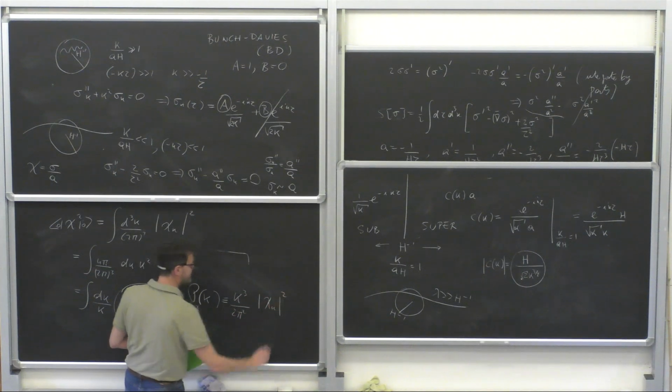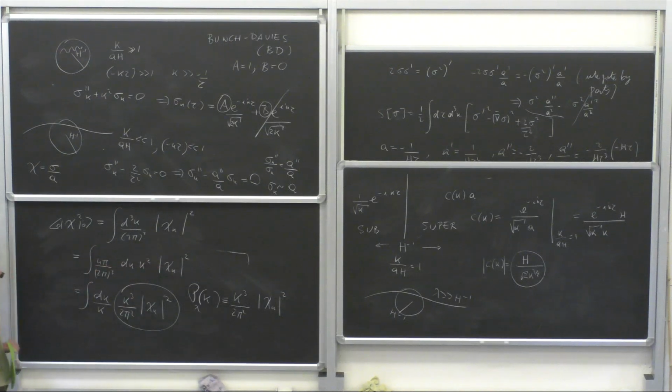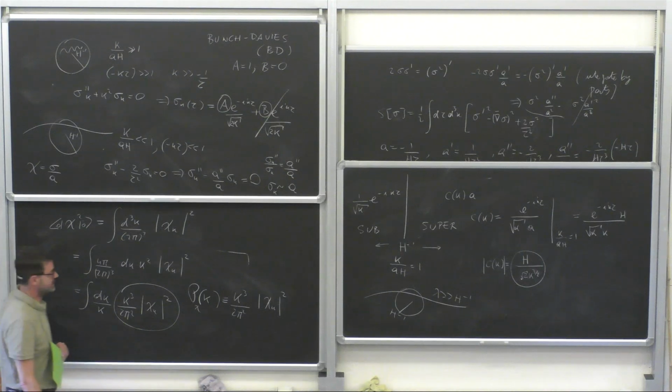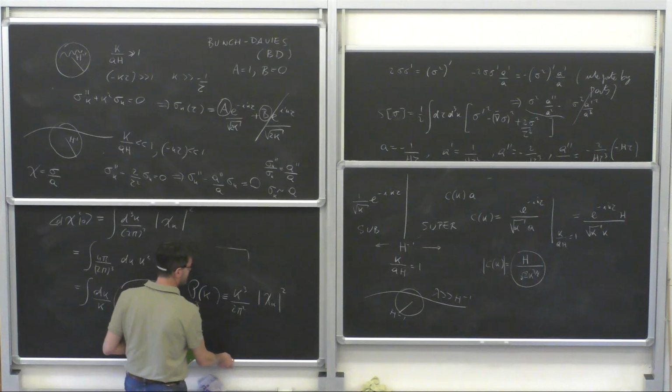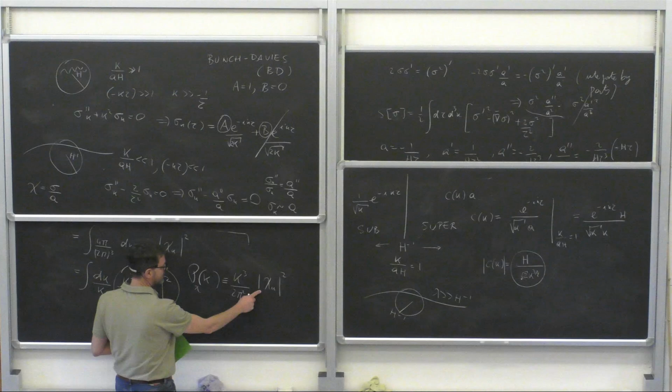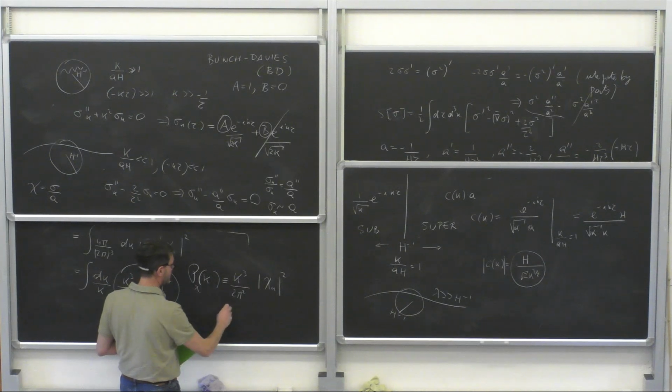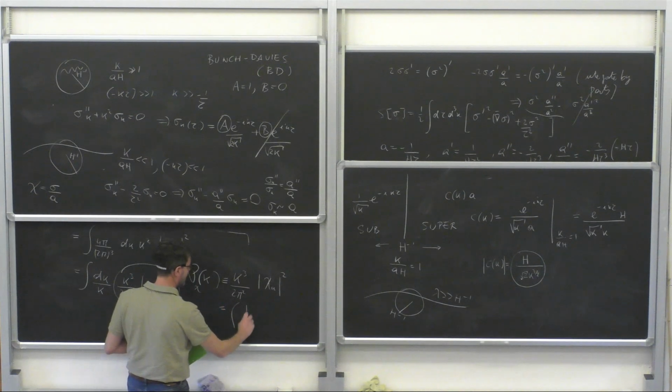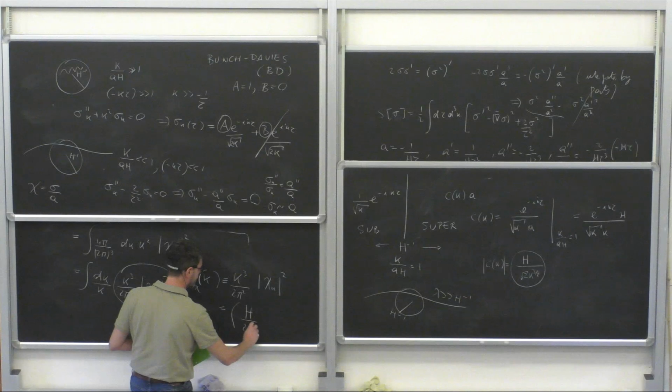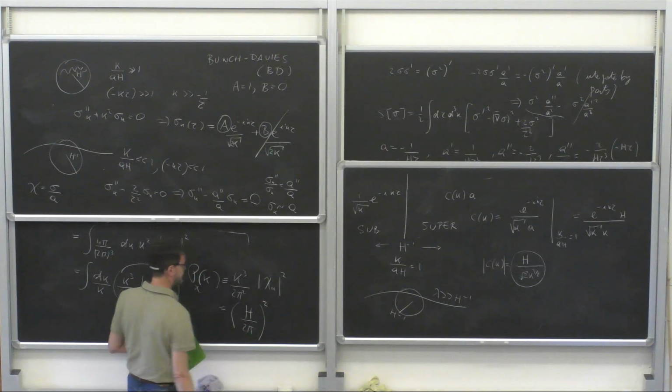So I characterize the fluctuation of my scalar field in this way. And now you see why there is this famous k to the 3/2, because when I take the square, the k cubed will go away, and I will get simply H over 2 pi, squared.